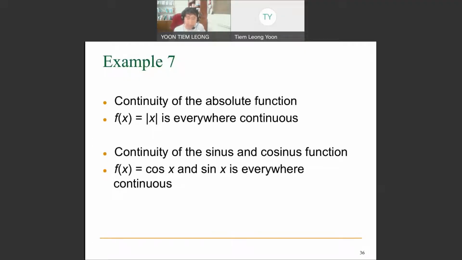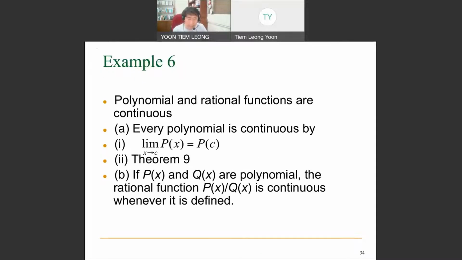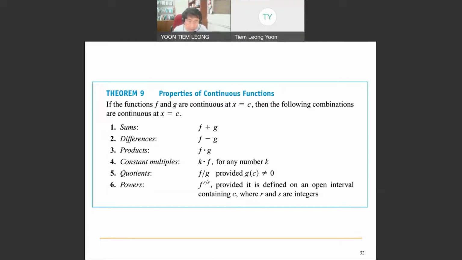So we are going to continue our discussion on continuity. We have discussed example 6 on a polynomial. Particularly, we have also explained in the previous lecture why the rational polynomial is continuous. This rational polynomial is continuous because first, the polynomial is continuous.